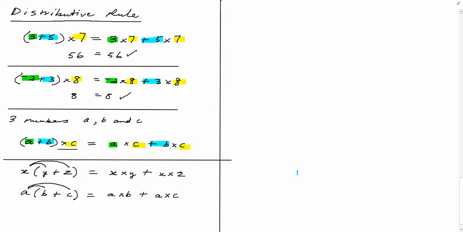Okay, let's do some examples applying the distributive rule. So here's some examples. So let's expand these algebraic expressions using the distributive law.